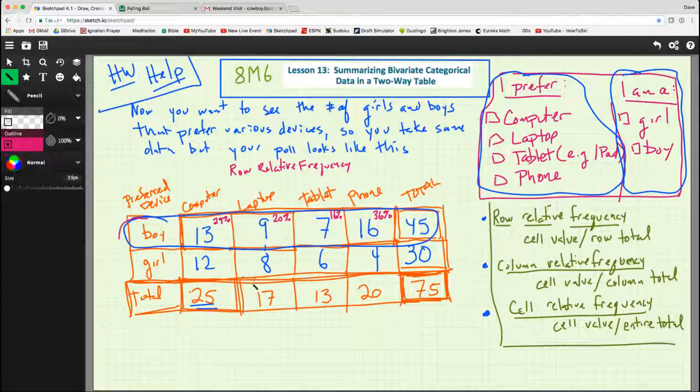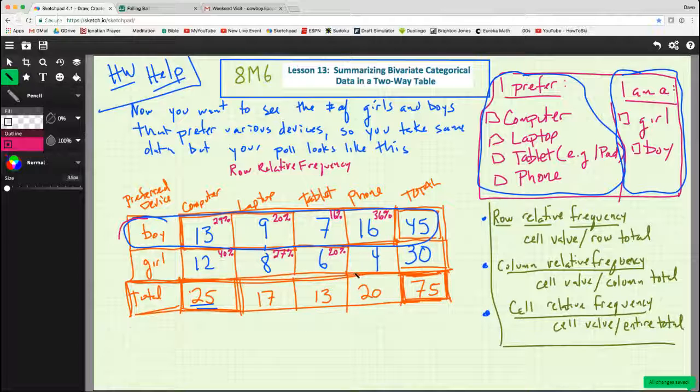Now let's do the girls. So we're not going to divide by 45. Now we're going to divide by 30. So let's take 12 divided by 30, and we get 40%. 8 divided by 30, and we get 27%. 6 divided by 30, that should be 20%.